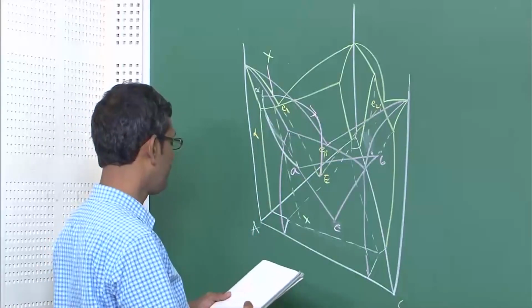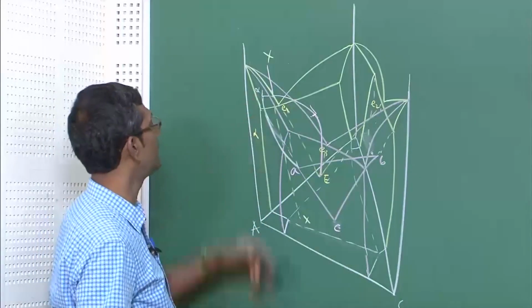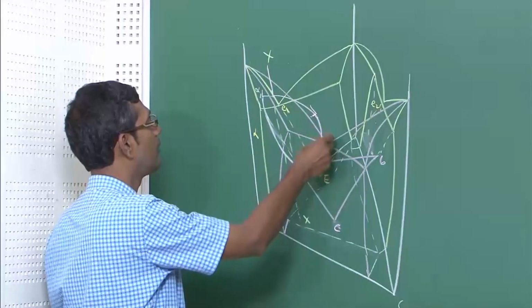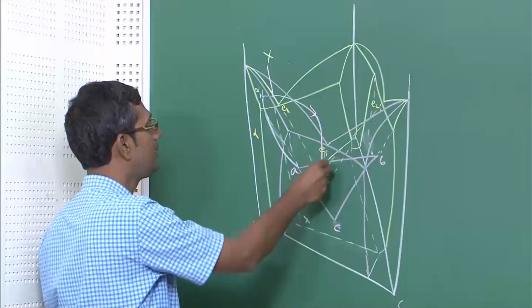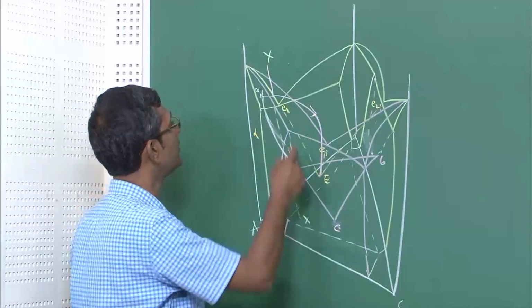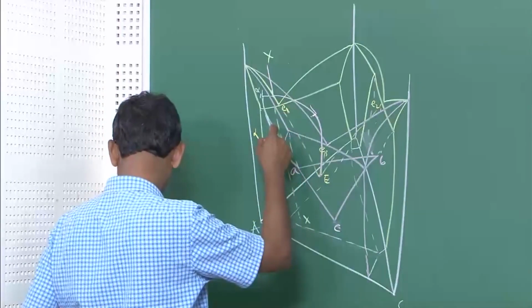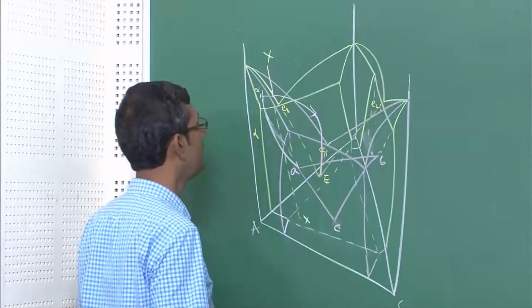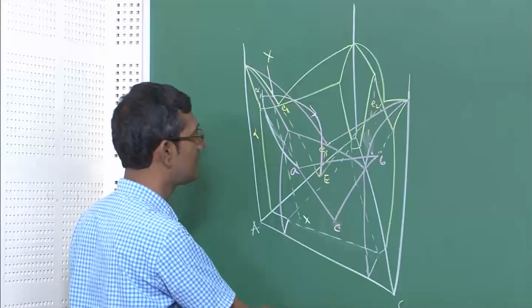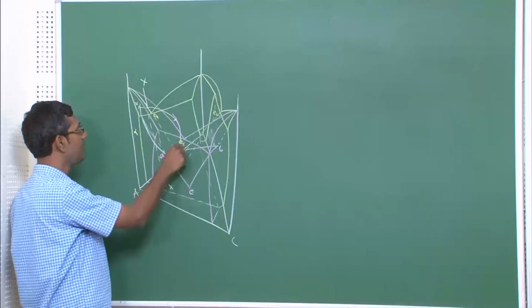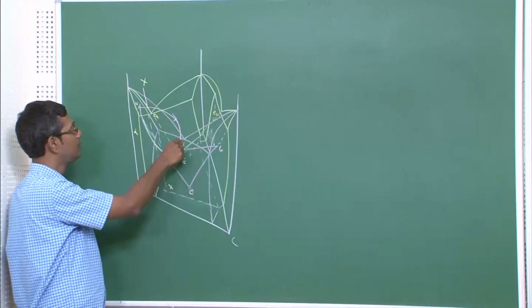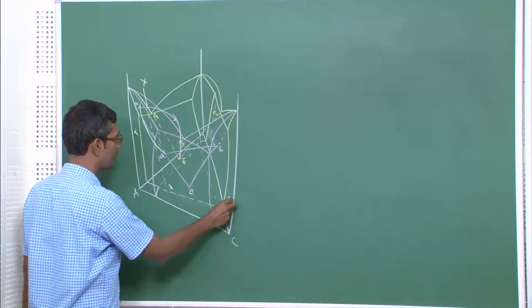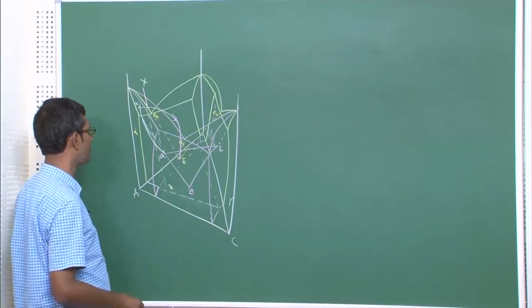But if you look carefully, the first thing it will precipitate is alpha 1, and as it goes down, it is slowly reaching the E3 and E, sorry, no, it is not reaching E3 here, okay, here it is reaching E3 and E. So, E3 and E is the eutectic valley between A and C. So, as it reaches the E3 and E curve or the valley, it is going to precipitate both A and C, so alpha and gamma, it is going to precipitate, okay.